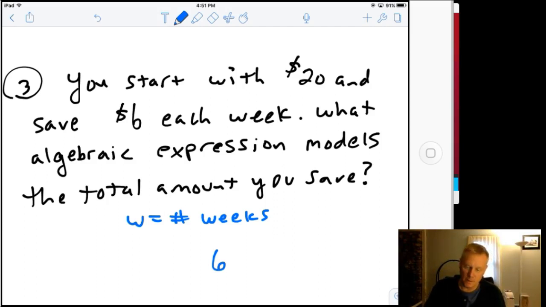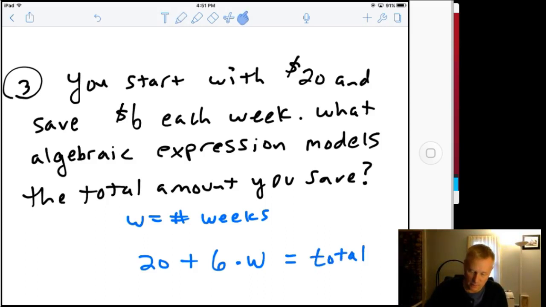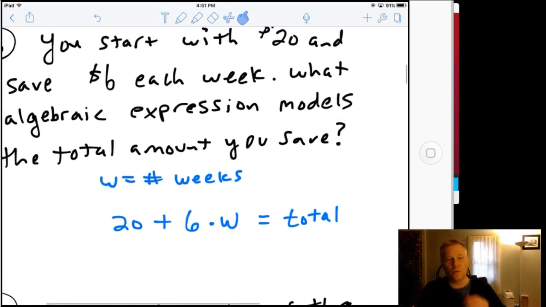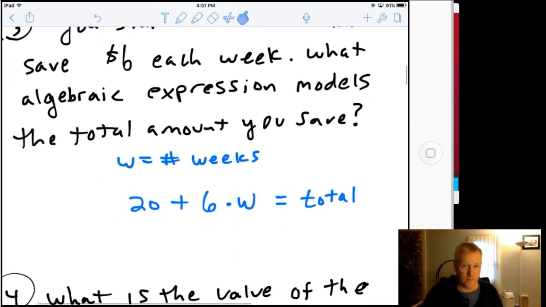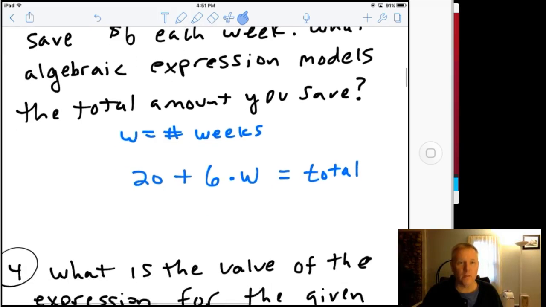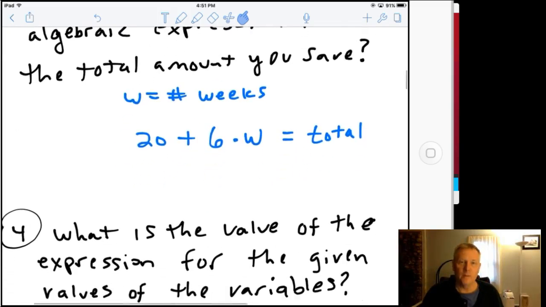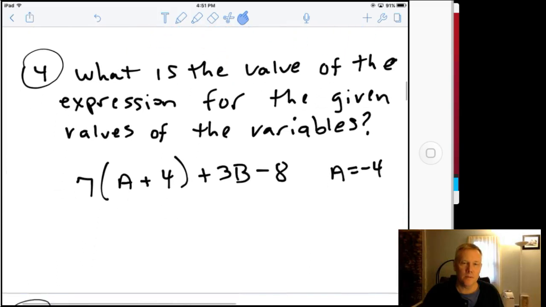After 3 weeks I'd have $18. So I'm multiplying 6 times the number of weeks. That's how I'm going to start this, 6 times W, or just 6W. And then I had $20 to start, so I'm going to add 20. And this would equal the total amount, total T, something like that. You probably don't even need that equals total. I just put it there because when it deals with money, when they talk about a total amount you save, that would be on the other side of the equal sign.